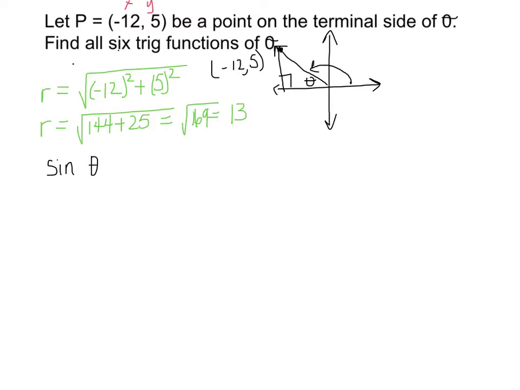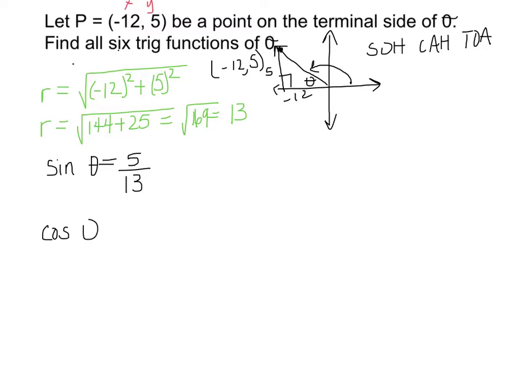You can still use the principle of Pythagorean theorem and using SOHCAHTOA if that will help. Or you can use what we just learned. We know that sine is y over r. And I'll just label this negative 12, 5, because sometimes that'll help. So y is 5 over r.